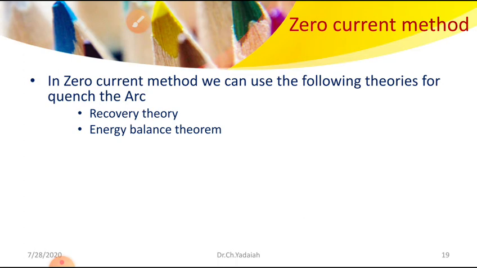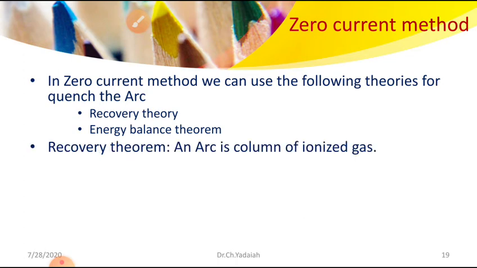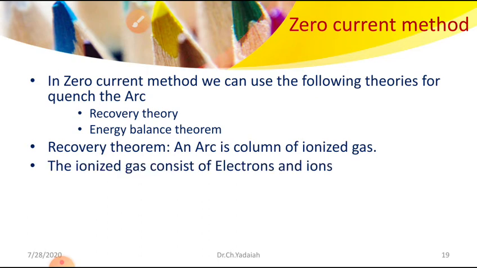What is the recovery theory? What is the energy balance theorem? Let us see. The recovery theory says an arc is a column of ionized gas through which electrons easily flow. The ionized gas consists of electrons and ions.